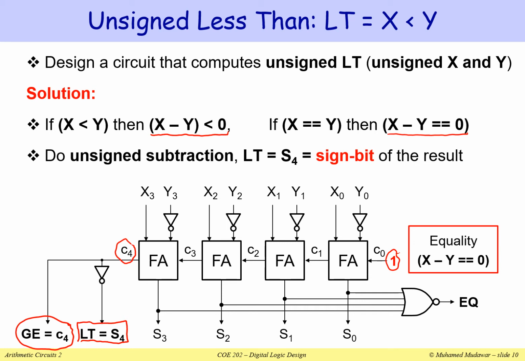If all of them are zeros, it indicates that the difference is equal to 0, and therefore we can use a NOR gate that will output 1 if all its inputs are zeros. So if the difference x minus y is equal to 0, then the output of this NOR gate will be equal to 1, and that will check for equality.